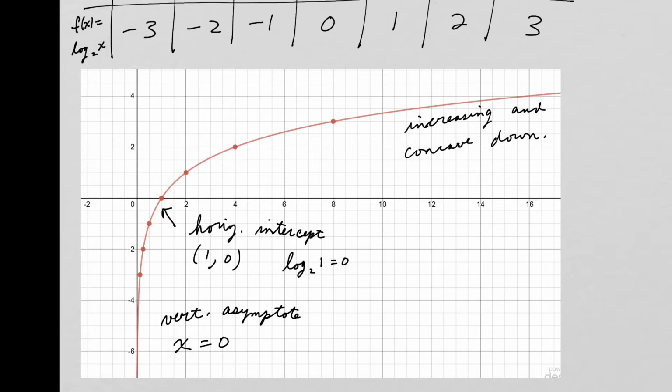The domain is 0 to infinity, but not including 0, right? Because the input can't actually be 0, just a little bit more than 0, all the way to infinity. But the range actually varies from -infinity to +infinity. So the outputs, the y values, can go from -infinity to +infinity.